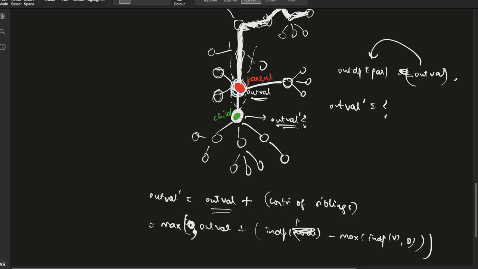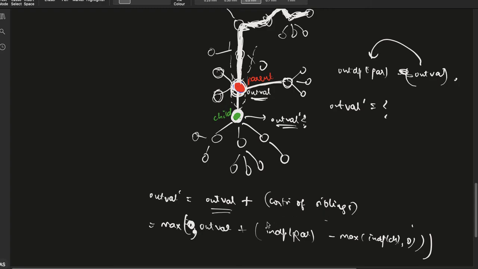So this is not node, this is parent, this is child. Okay, this is getting messy. NDP of parent minus maximum of NDP of child comma 0.